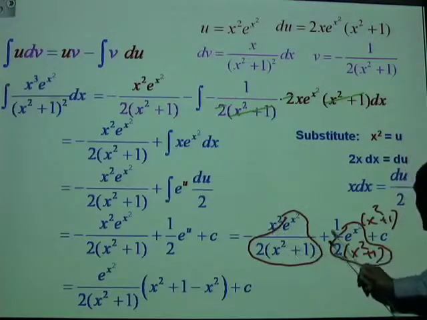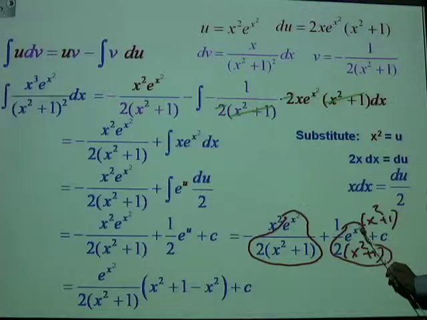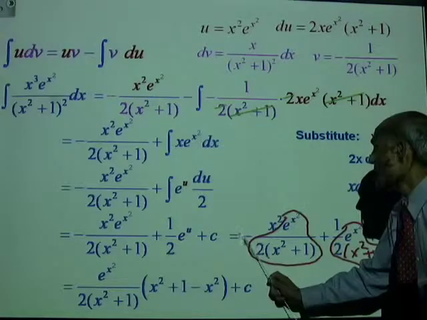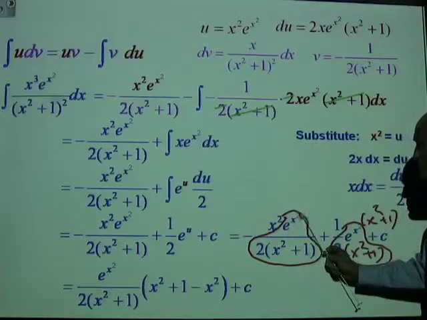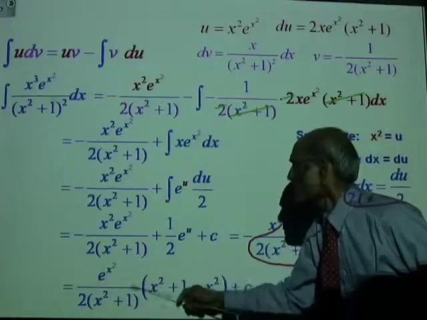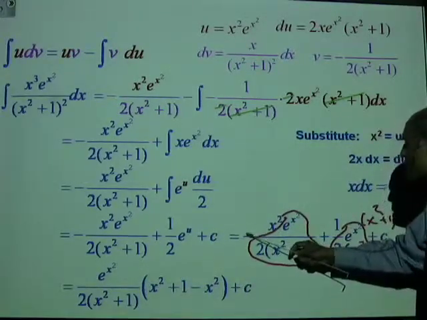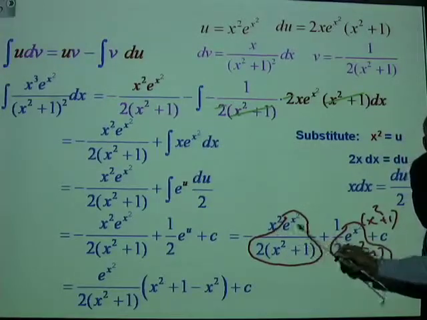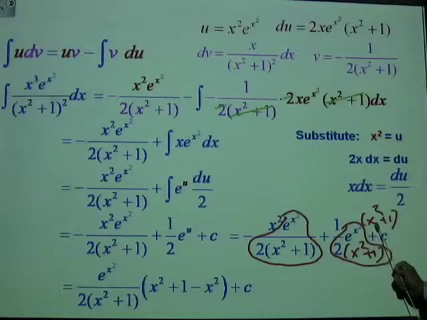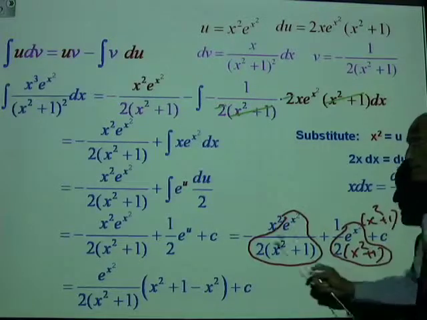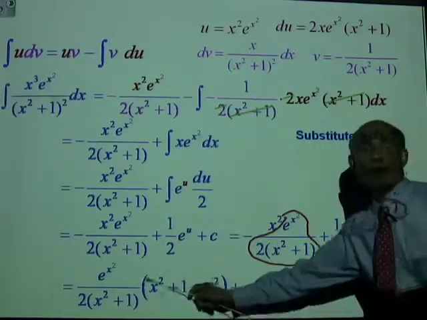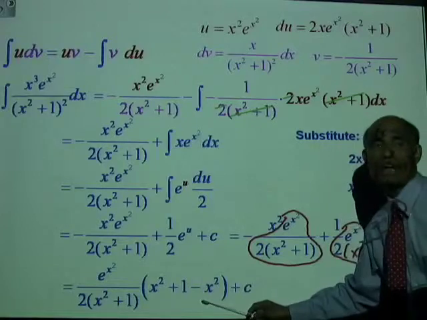Is that right? And in the next one, an x squared plus 1. But we have a negative sign there. So, when you take out this, what is left there is a negative x squared in the first term, and what is left in the second term will be x squared plus 1. So, I have written x squared plus 1, minus x squared as the remaining terms. I hope that is clear.